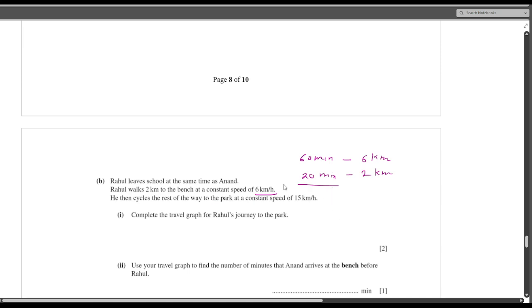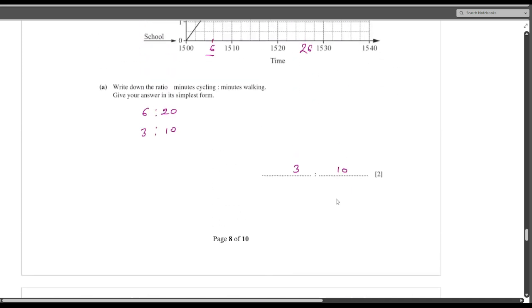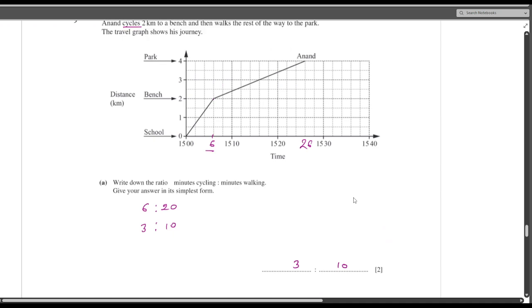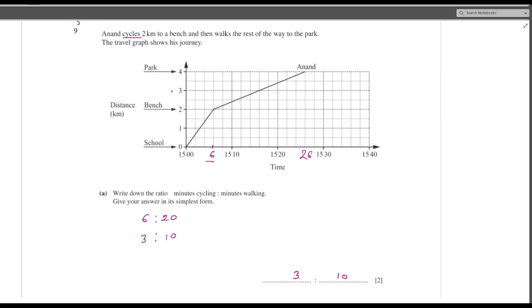Okay, so your speed is constant. You are taking 20 minutes to cover a 2 kilometer distance. So 15:00 to 15:20.